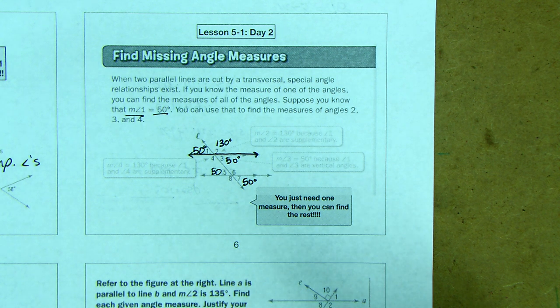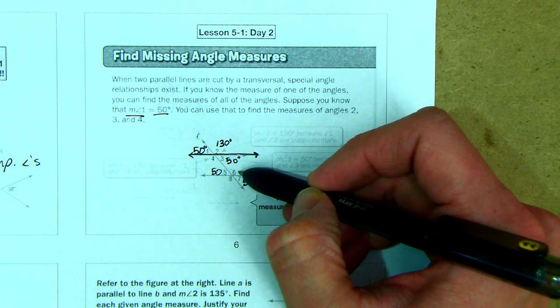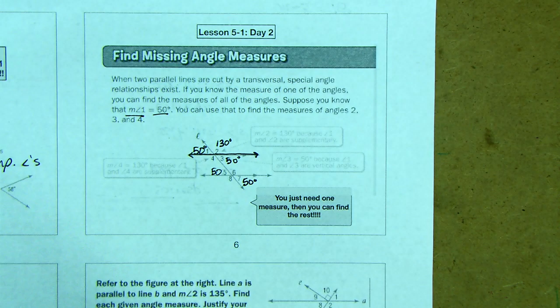Angle 6 is corresponding to angle 2, so it's also 130 degrees, and angle 8 is 130 degrees. So if I give you one measure, then every other angle is either that measure or that measure subtracted from 180.